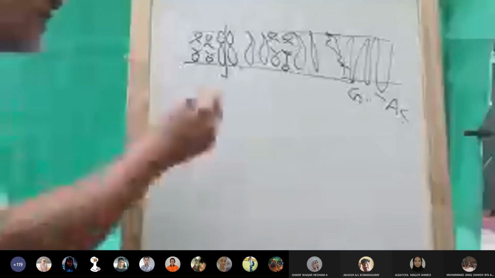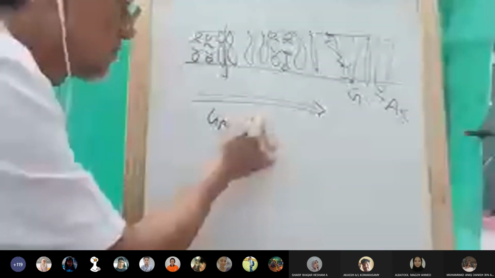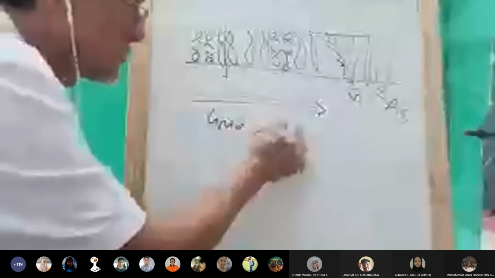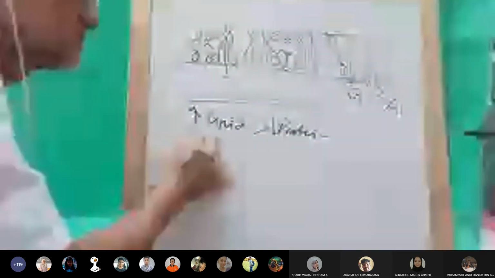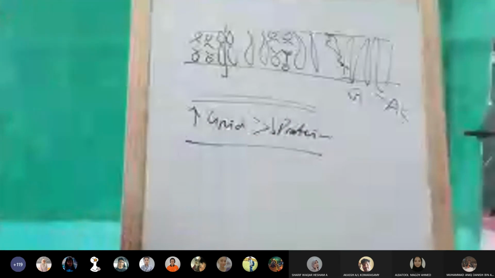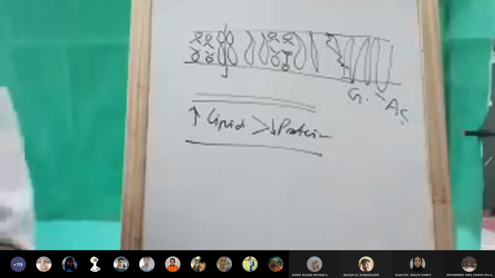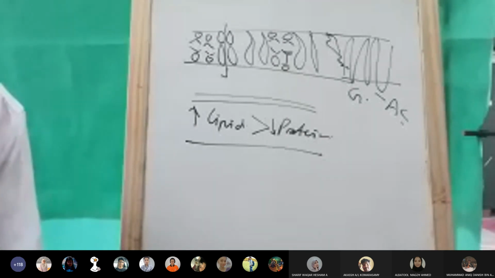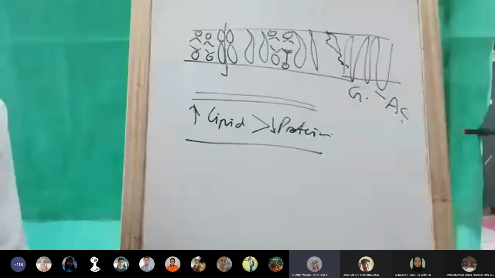If you do an analysis of the cell membrane, and you found that there are more lipids compared to protein, so we have more lipids here, less protein here, right, what is the likely cell? Anyone? Any idea?